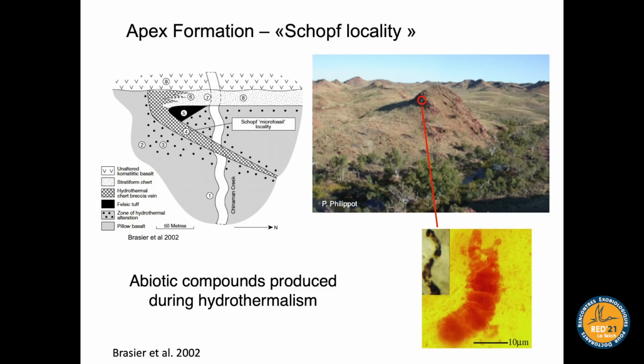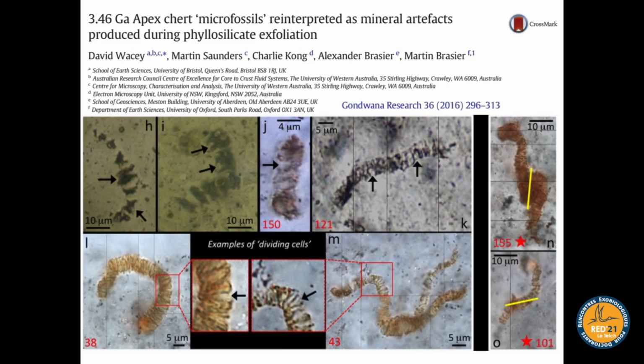So this morphology, this compound, could be completely abiotic, produced during hydrothermalism. This is what has been proposed by various authors: that this Apex chert microfossil is a mineral artifact produced during phyllosilicate exfoliation and hydrothermal circulation. So it's not a cyanobacteria fossil, but a chemical process. We have to be careful when we interpret any kind of fossil in the geological record.